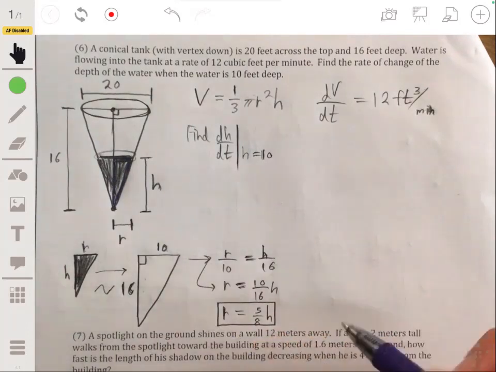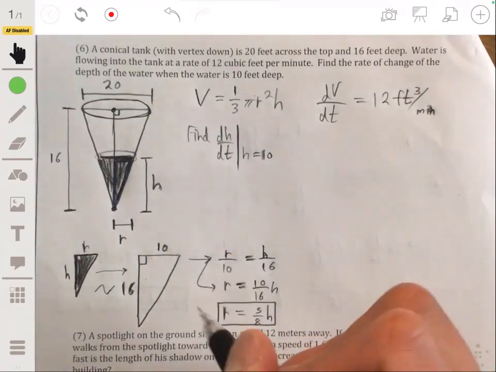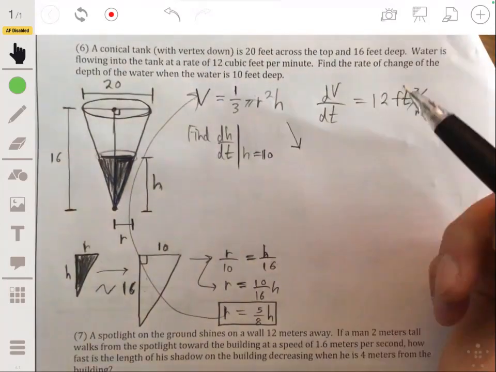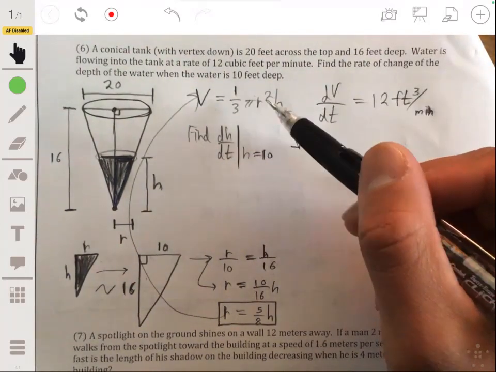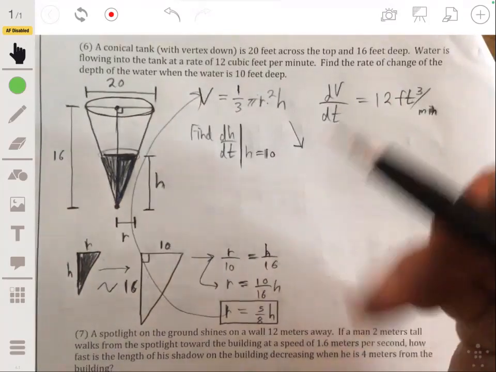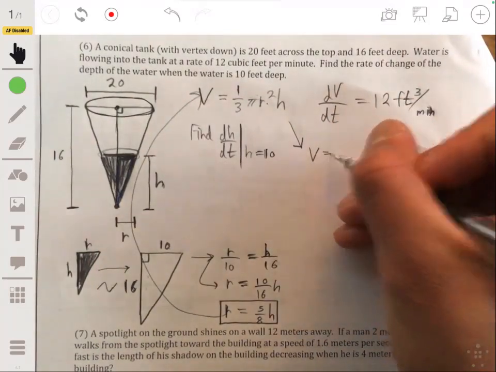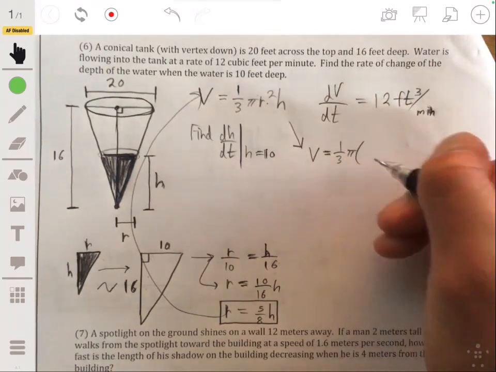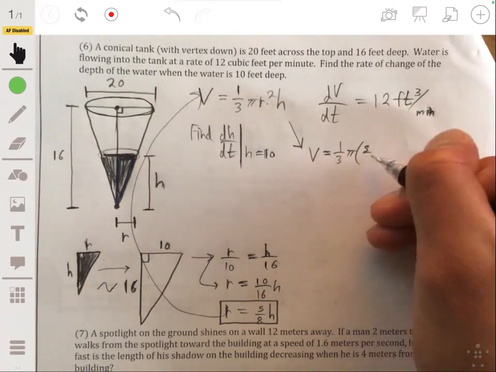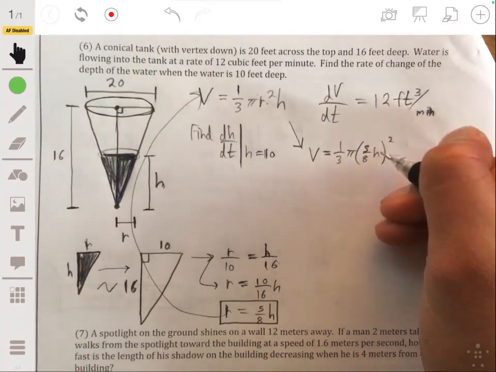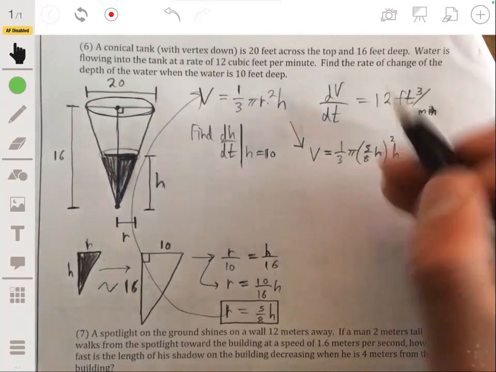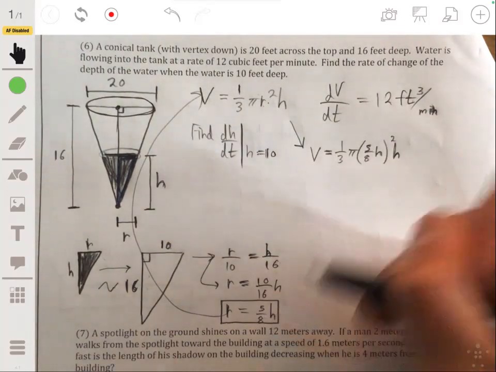This allows us to rewrite our equation for volume in terms of just H. Because R, we can replace with 5/8 H. So then volume will be equal to 1/3 pi times 5/8 H squared times H. Because again, R squared is just 5/8 H squared.